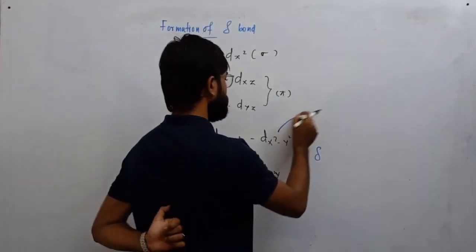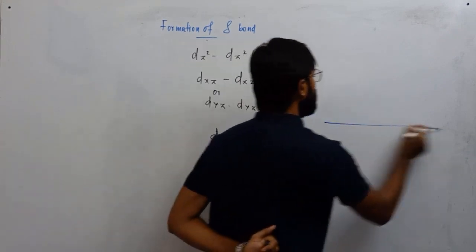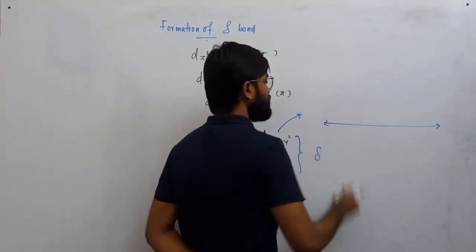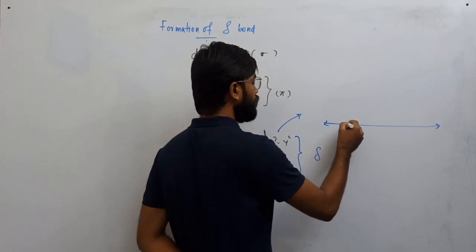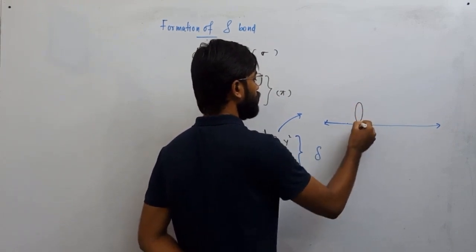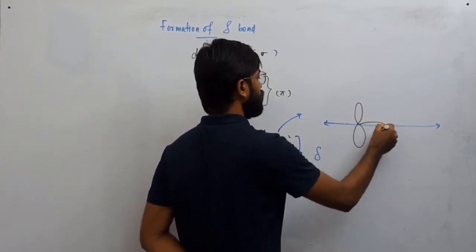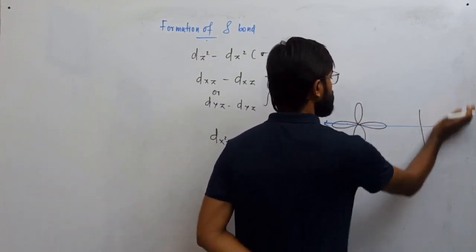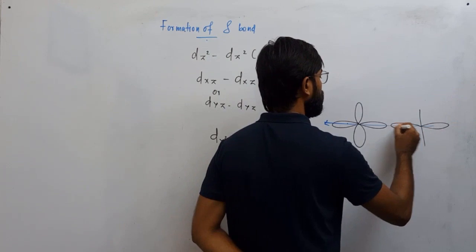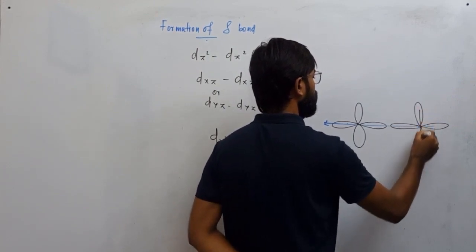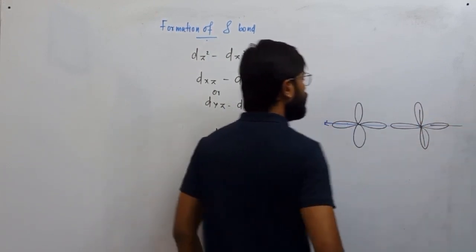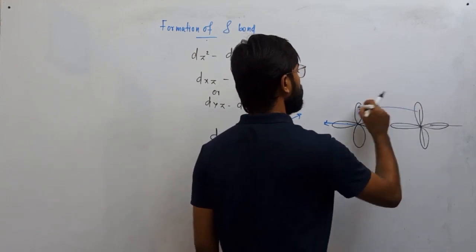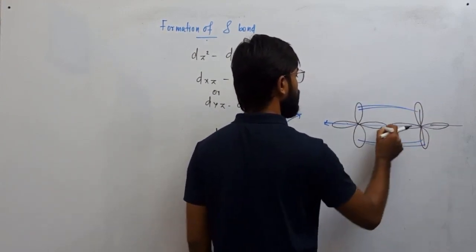For example, let me show this one. If this is the internuclear axis, the z axis, then this is the dx square minus y square orbital, right? And this is how a delta bond is formed.